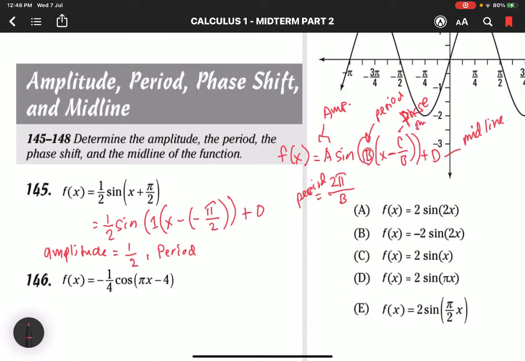Itong b na to, lalagyan mo lang ng 2 pi. So, kung 1 ang b, ang ating period ay 2 pi. And then, ang ating phase shift ay negative pi over 2. At ang ating midline ay 0. Midline equals 0. At ito ang ating sagot.